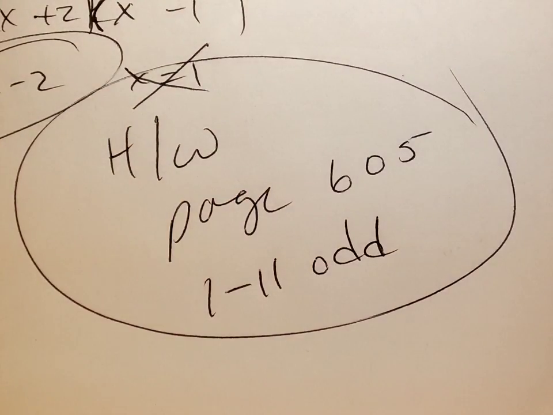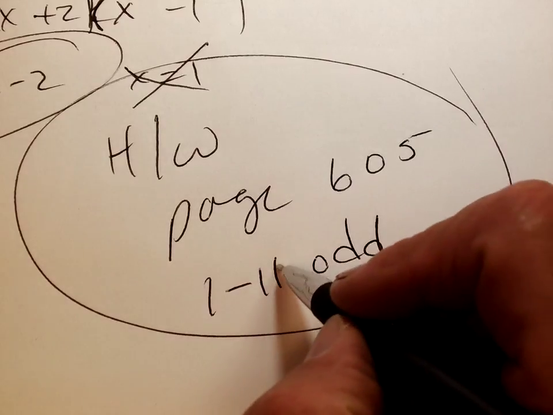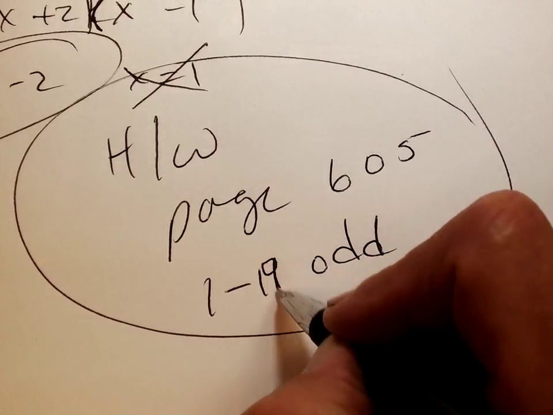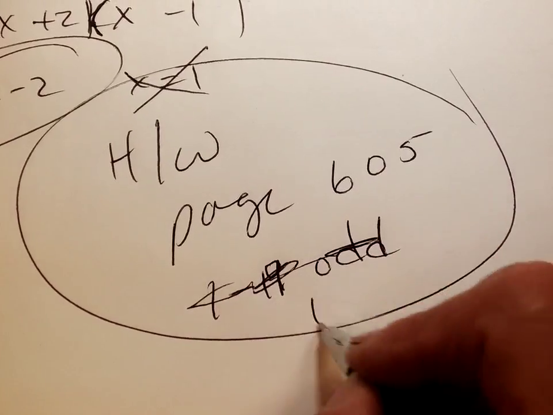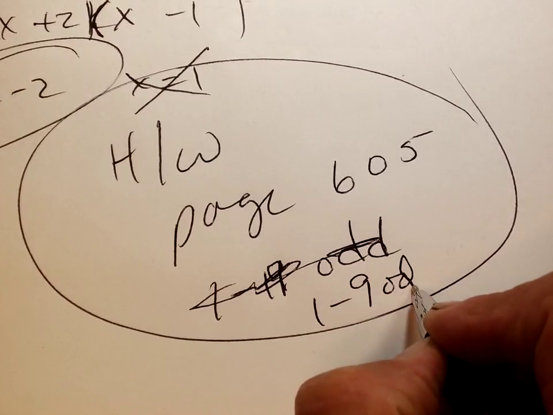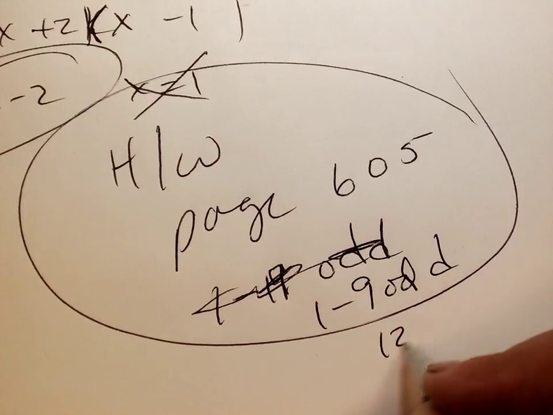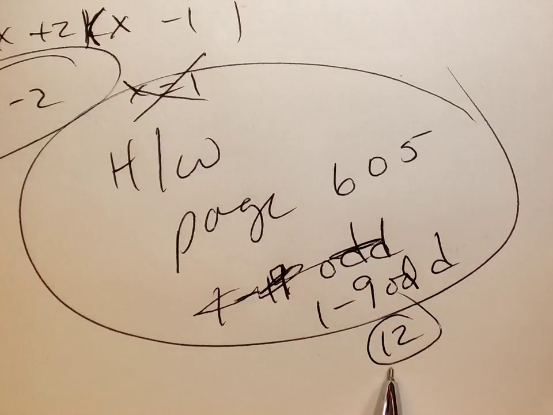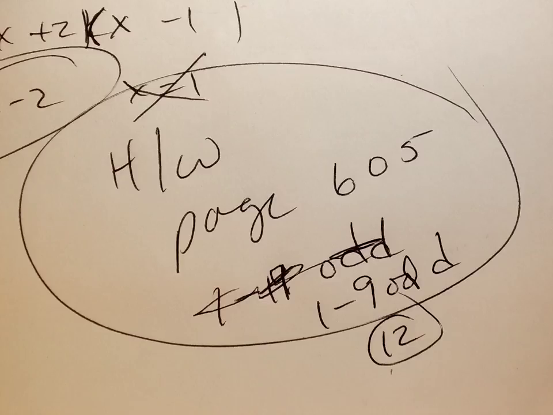Oh, and you know what? Instead, I'm sorry, let's do 1 to 9 odd. Change this. 1 to 9 odd. Is that right? Yes, odd. And then I want you to do number 12, because number 12 is like your extra credit on your quiz. So let's do 12 instead. Now you told us. Well, it's not the exact same problem.